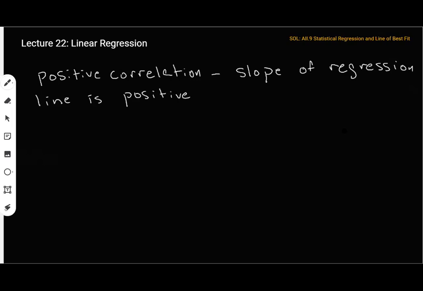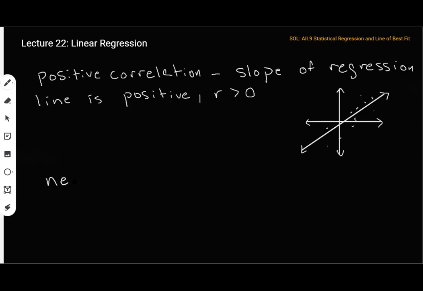And we say R is greater than 0 when we do that. So what this means is when you have your scatter plots, you're going to have a bunch of dots, and the line that goes through them is going to be a positive slope line. So that's going to be a positive correlation.